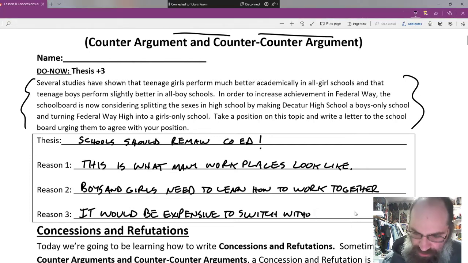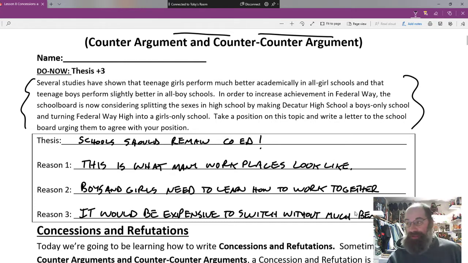We're going to add notes. Without much benefit. Now, of course, I'm going to need evidence for all of this, but for right now, we're talking about reasoning. We're talking about lines of reasoning. So, when establishing a line of reasoning, these are my subclaims. School should remain co-ed is my main claim.